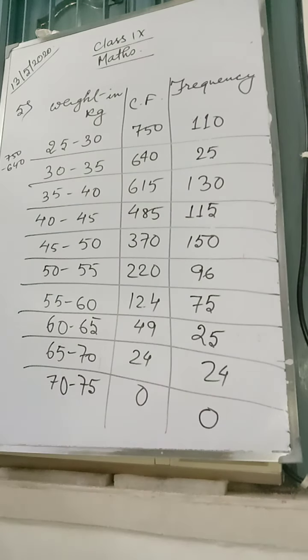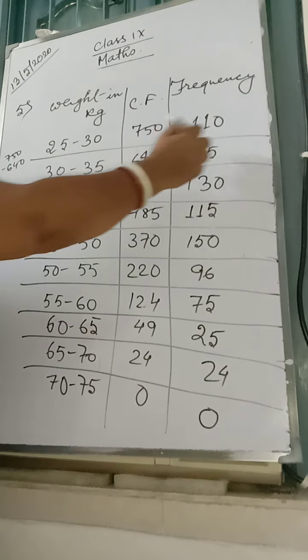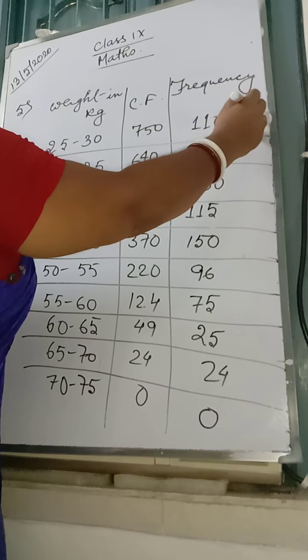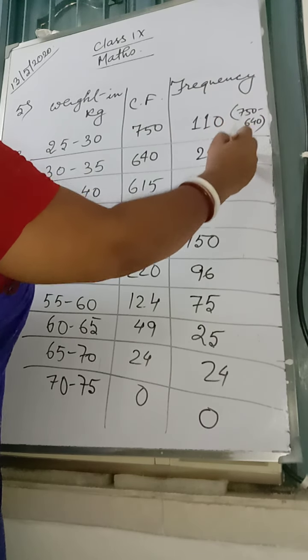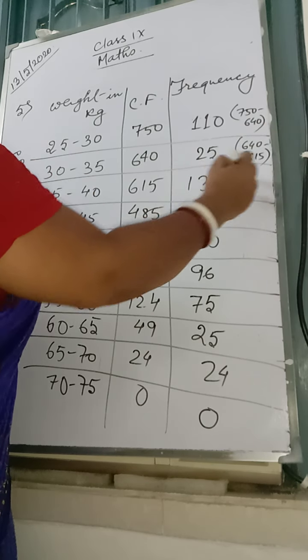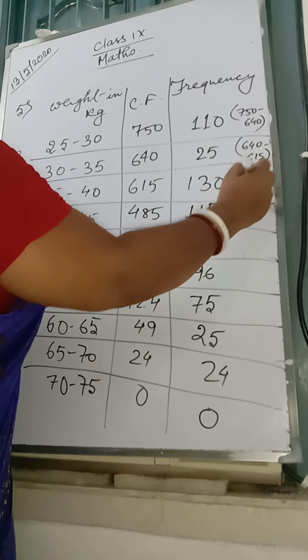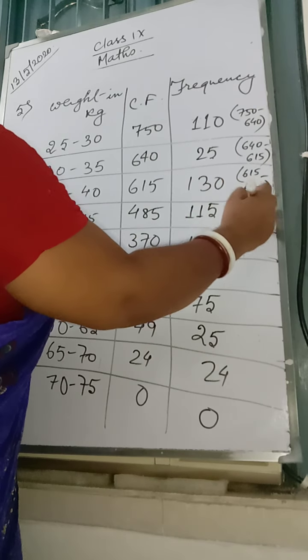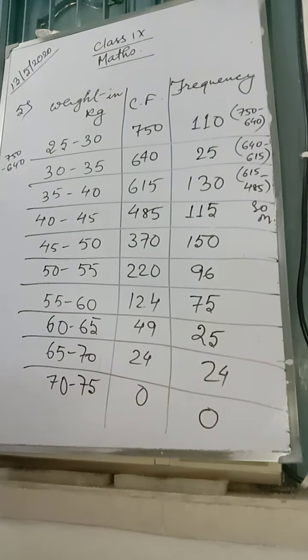This is called frequency. Now, this one we got as previous minus the next one, 750 minus 640. Then this we got 640 minus 615. This one we got 615 minus 485 and so on. In this way we got it.